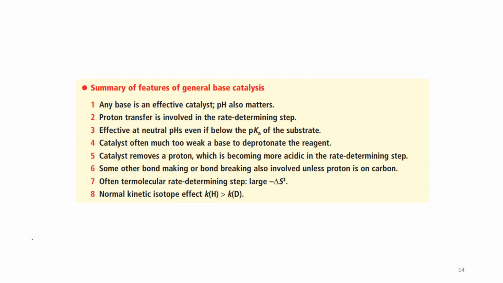The catalyst removes the proton which is becoming more acidic in the rate determining step, and some other bond making or breaking is also involved unless the proton is on carbon. Often a termolecular rate determining step is seen, and it shows a normal kinetic isotope effect.